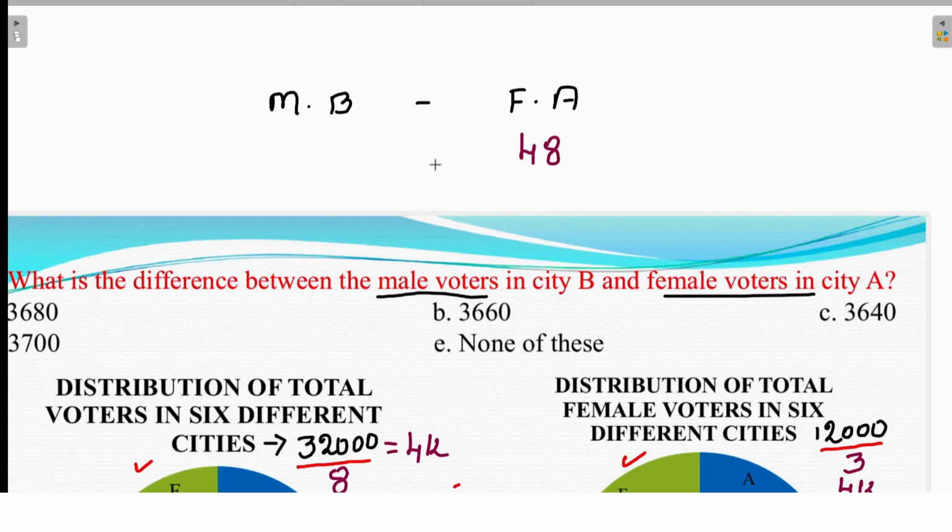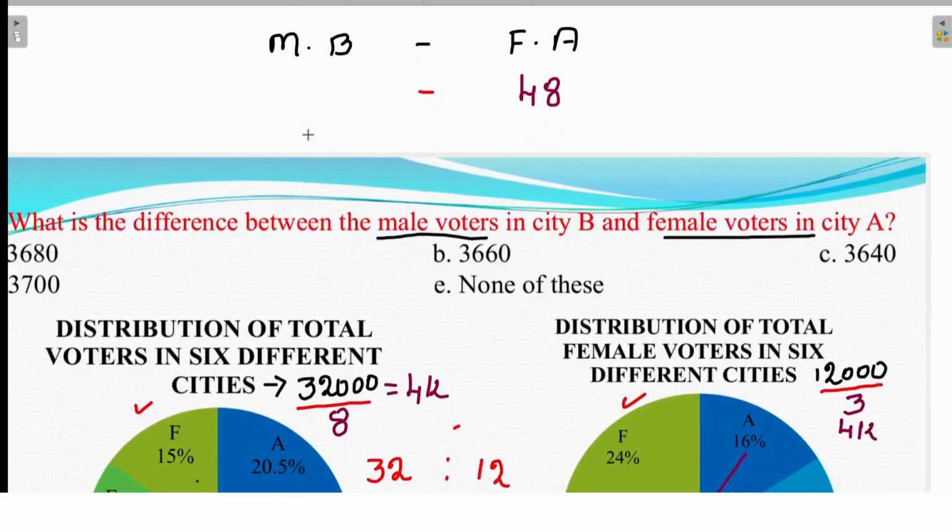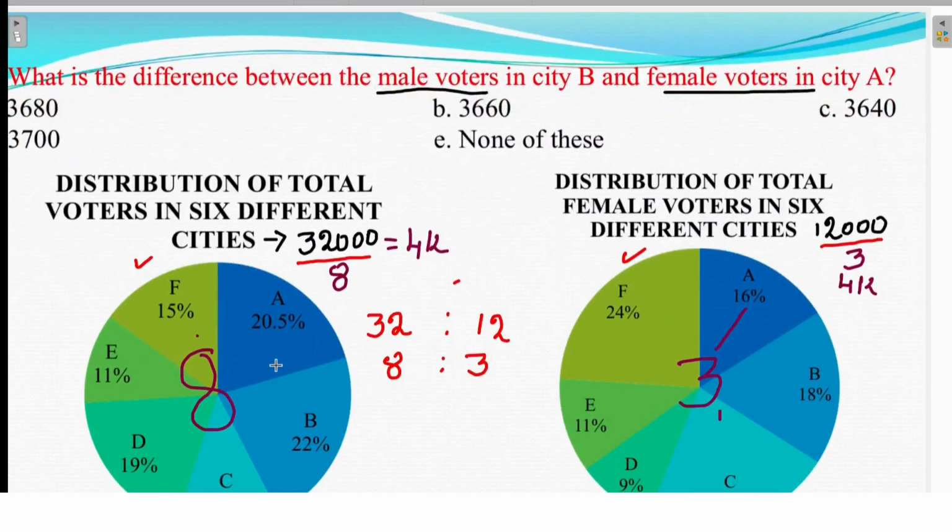48 is the number of females. But to find out males, we don't have direct data. So whenever you want to find out males, you have to take the total voters and then remove the total females to find out males. For B department I want males. So first I will take the total.